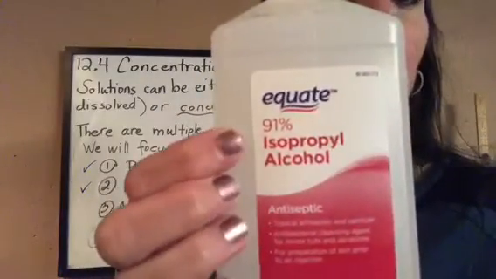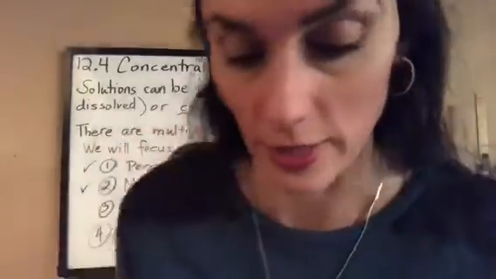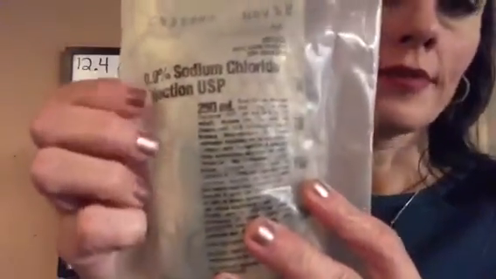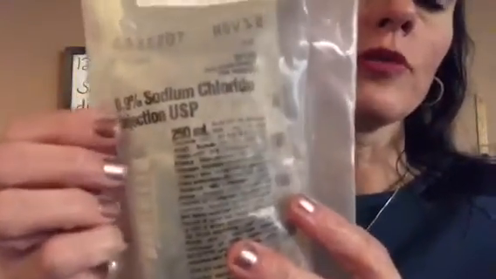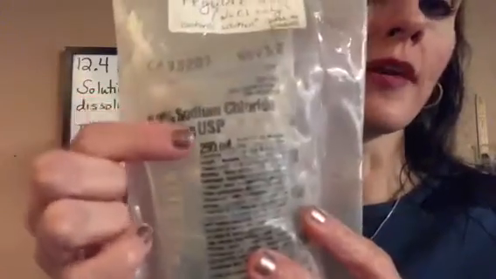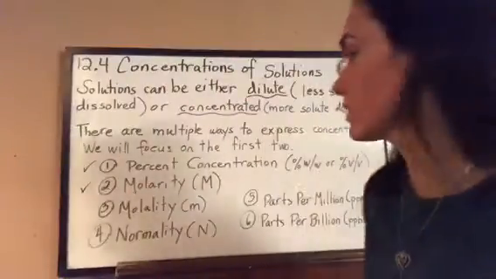Right here is 91% isopropyl alcohol. This is a pretty concentrated isopropyl alcohol solution. And then an IV solution, if somebody is in the hospital and needs intravenous fluids because they're dehydrated, is a 0.9% sodium chloride solution. So percent concentration is used a lot.